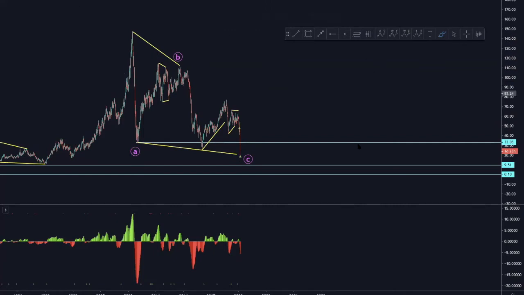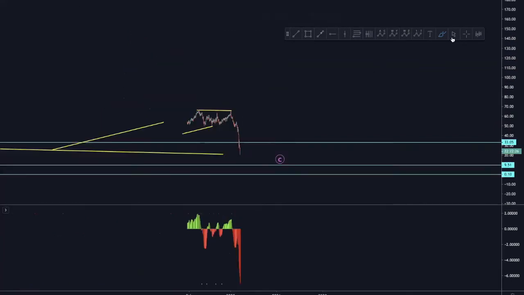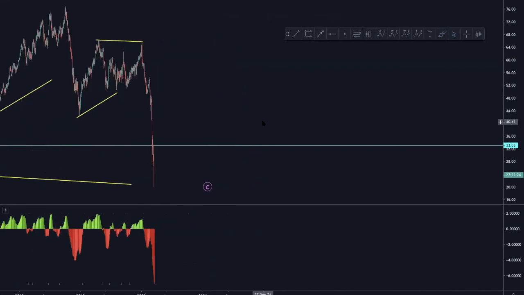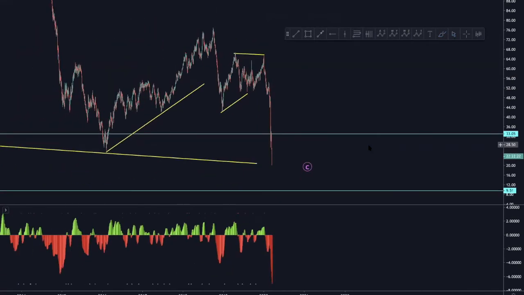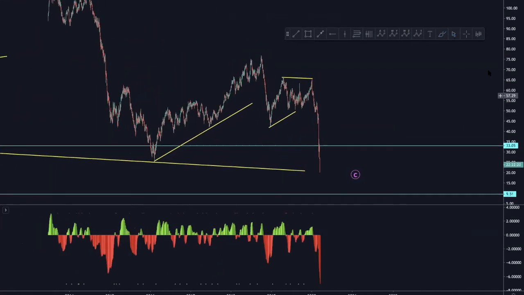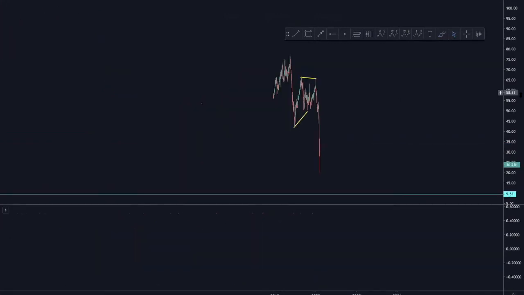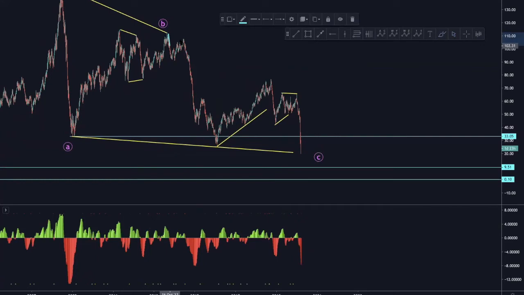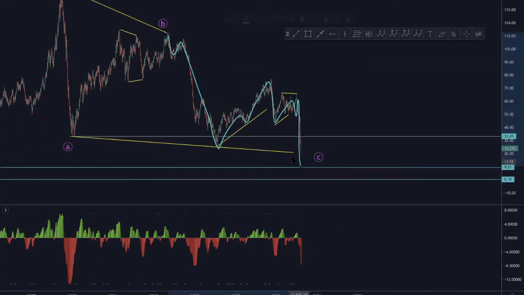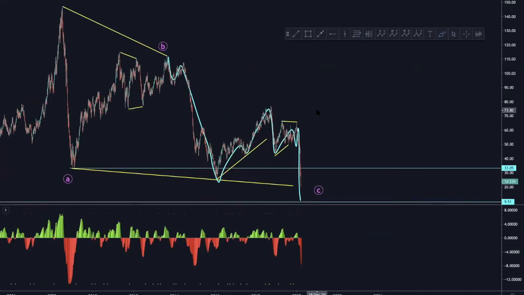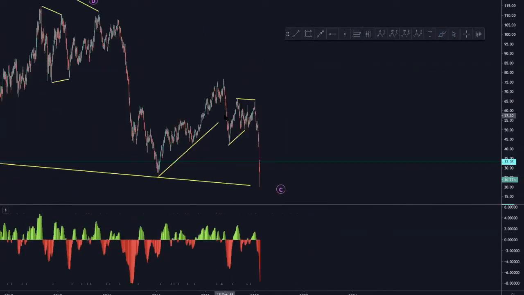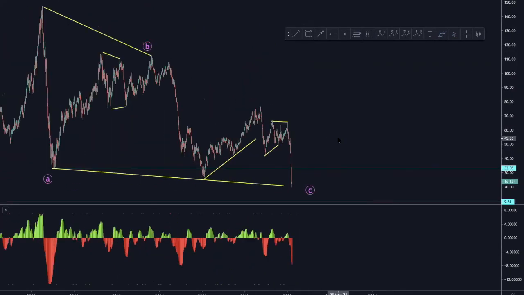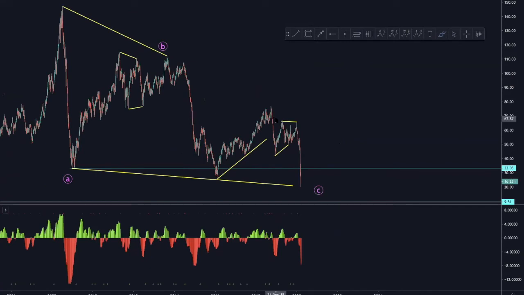If we're looking at a bit of a lower time frame, so let's go to the dailies. These moves, although they do look quite scary in the way that they're impulsing very aggressively to the downside, don't really have the continued momentum that they need to have before going down.